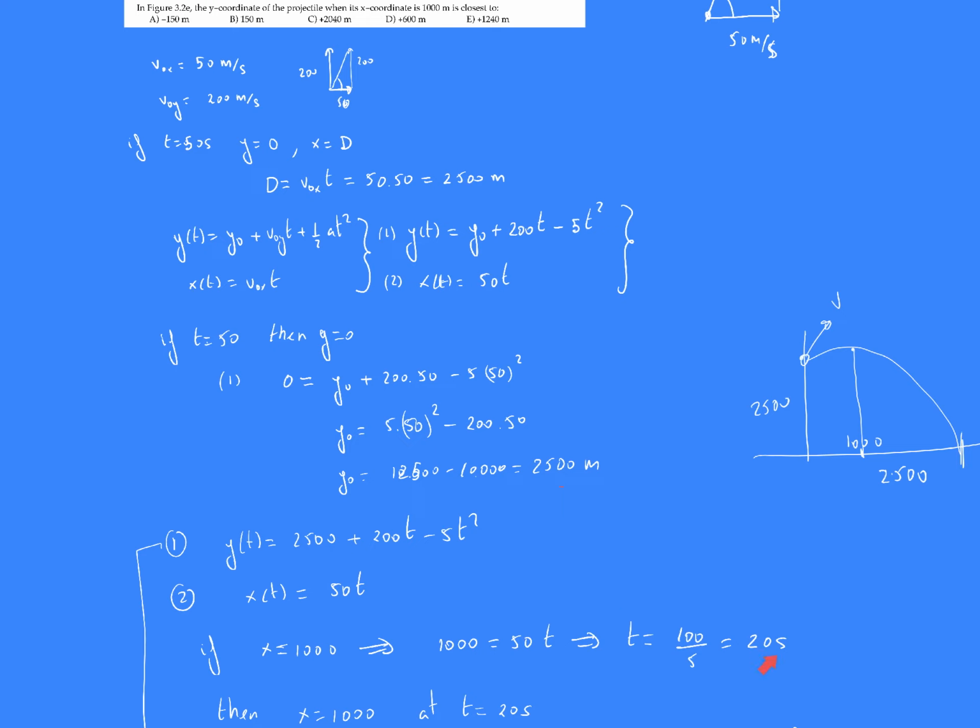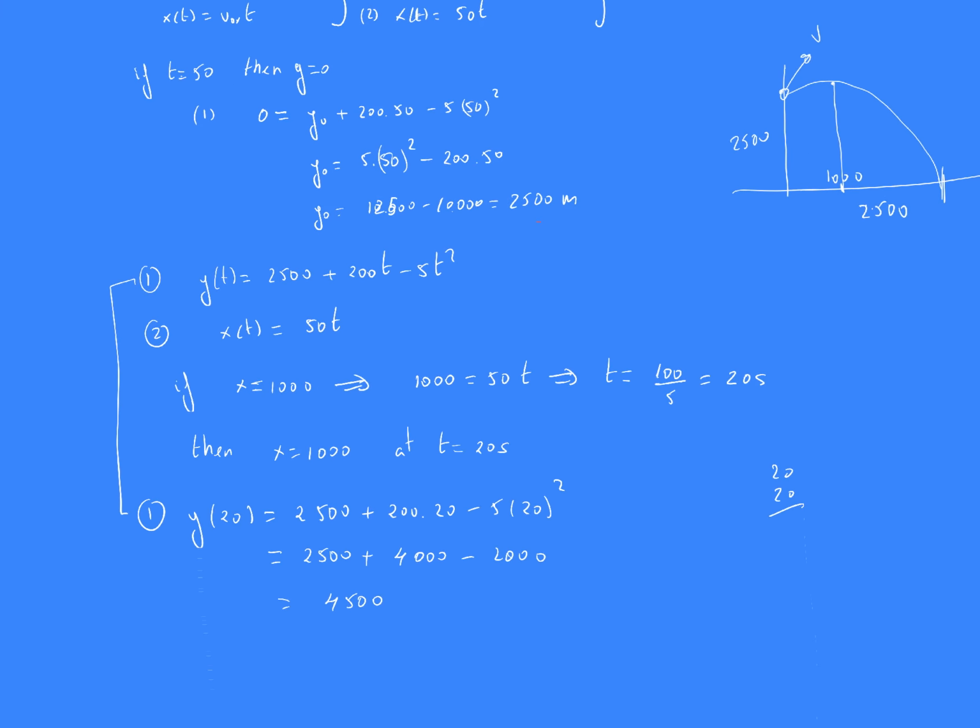So if t at x equal 1,000 is 20 seconds, what will be the y? I will plug in 20 here and see. If you do it, you will find the y.